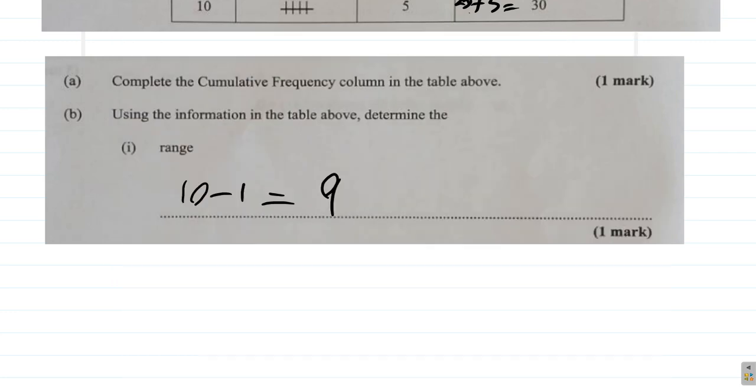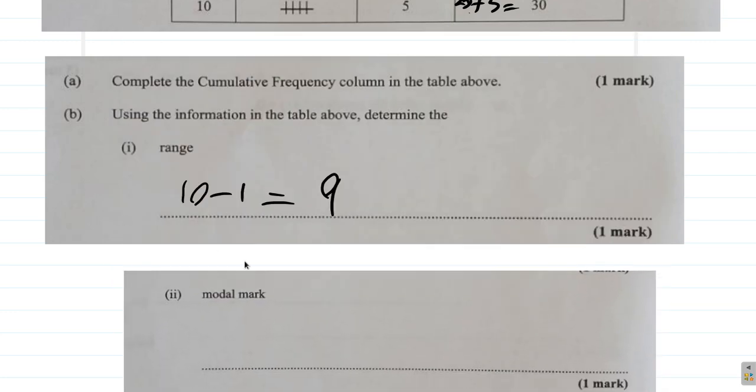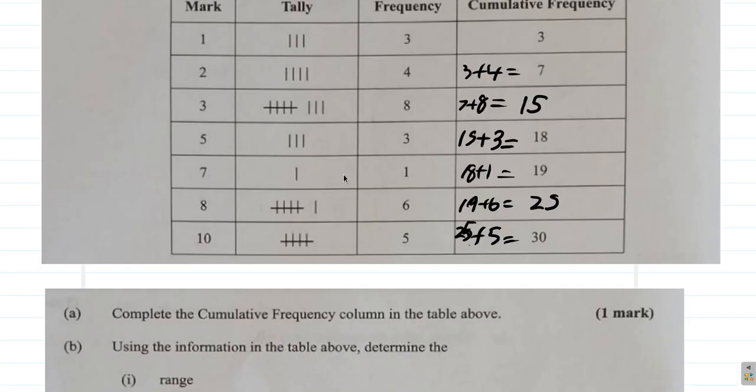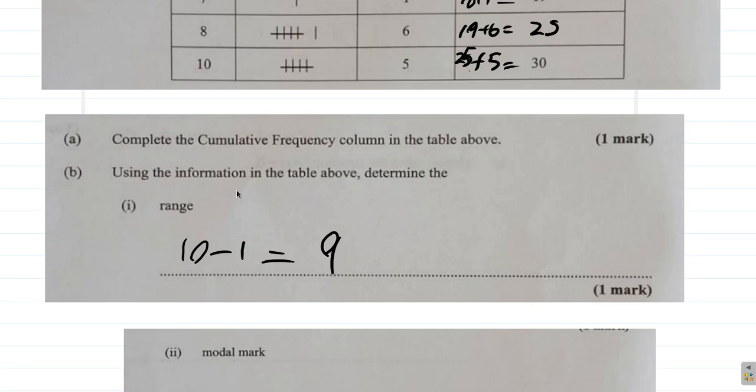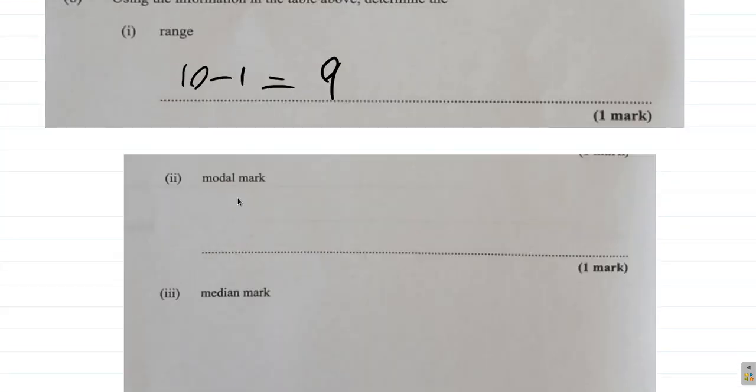The modal mark is the mark that is there more often than the others. Well, we have one of them that is there 8 times, and everybody else less than 8. So which one is that? It's 3. So in this case, the modal mark is 3.